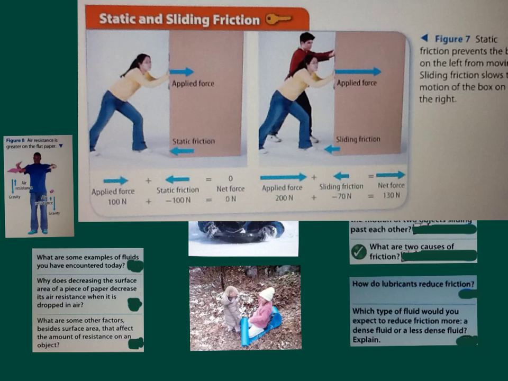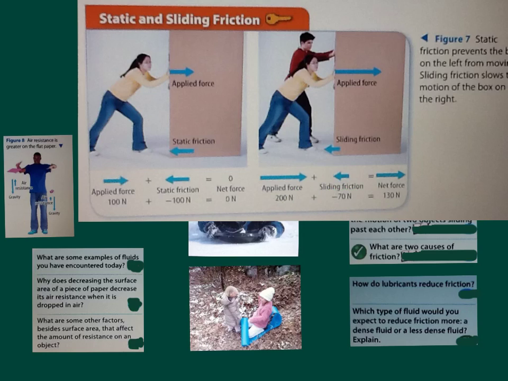Okay, so I want to make this understood and to remind you that friction is a force, and like all forces, it affects the motion of objects. I also want to remind you that friction is a contact force. Remember, contact force applies to objects that are in direct physical contact.